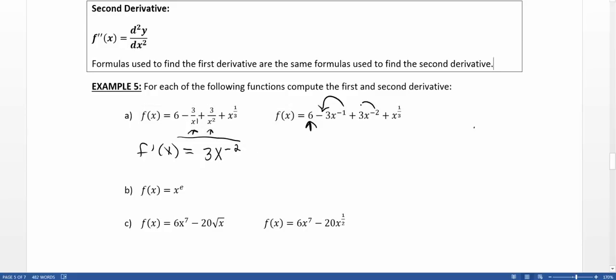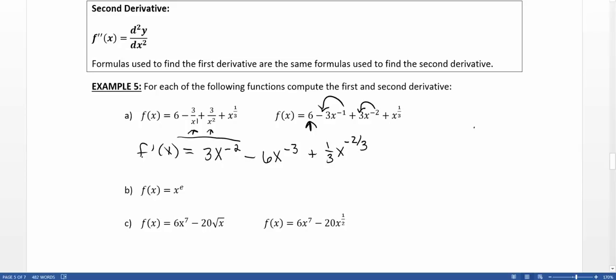Now for the next term, instead of plus, I noticed that my power was negative, and so when it multiplies that, I'm going to end up with minus 6x to the negative 3 plus 1/3 x to the negative 2/3. So that was my power rule that I'm using to find the first derivative.